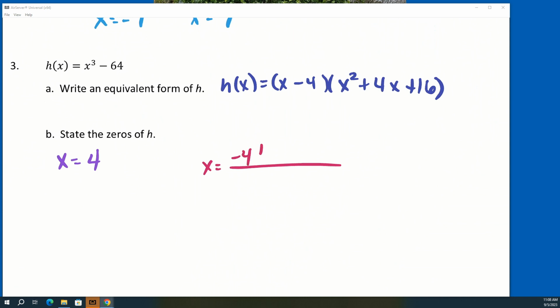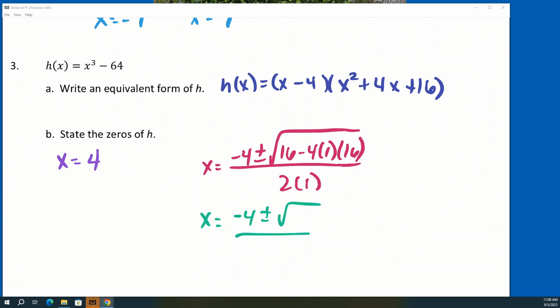So the opposite of b, plus or minus the square root of b squared minus 4ac, divided by 2a. Now, when you guys are doing these on your own, if you want to just use your calculator to figure this out, you can. We can do it by hand. It's just going to take some time I don't really have right now. That is going to be -48 underneath the square root.